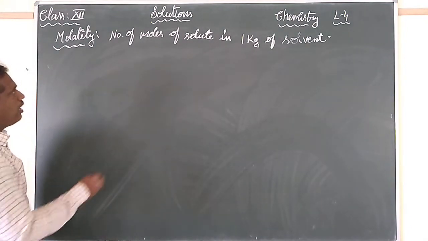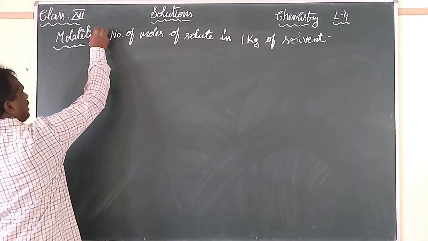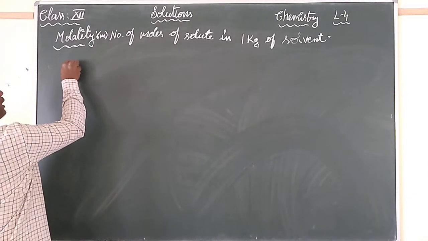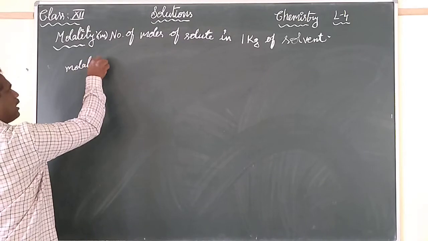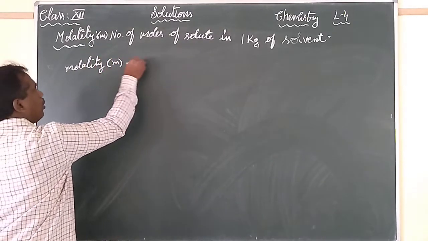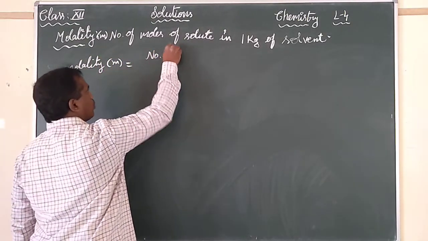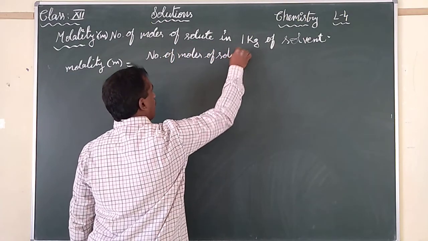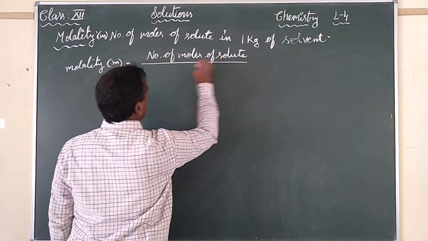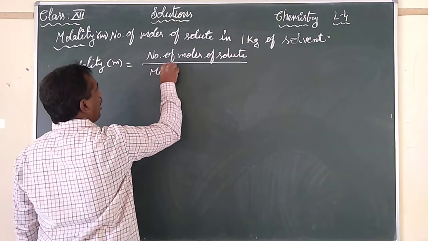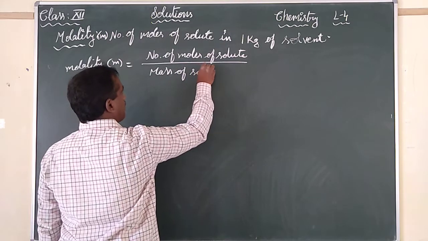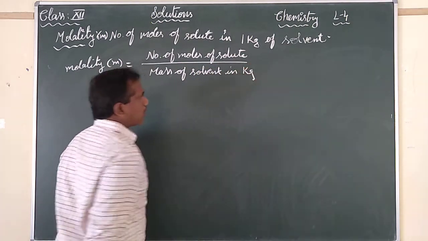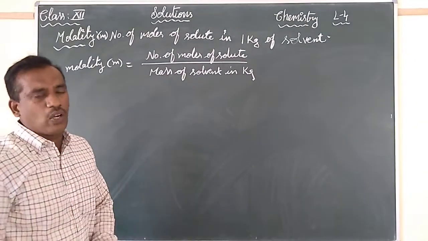That's the definition. Then how do we give the representation? Small m is the representation for molality. Molality is equal to number of moles of solute by mass of solvent in kilograms.